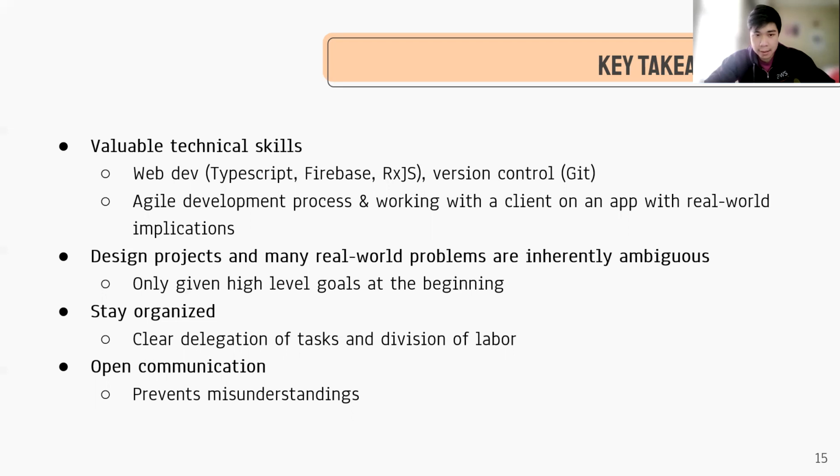And the last lesson I learned was that open communication is also key to teamwork. It prevents misunderstanding. One example I'll use is that at one time one of our assignments was due, but one of our teammates, teammate A, thought teammate B was doing that job, but teammate B thought A was supposed to be submitting the assignment.